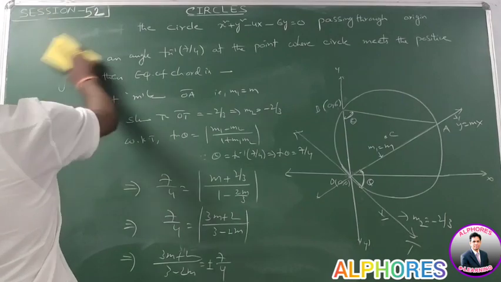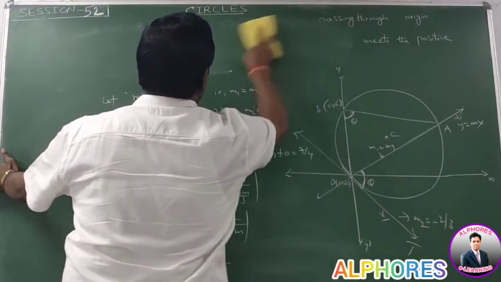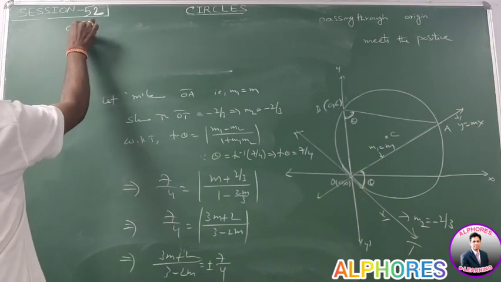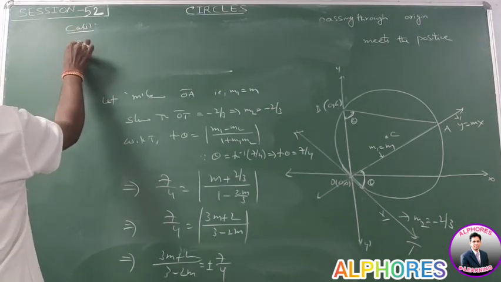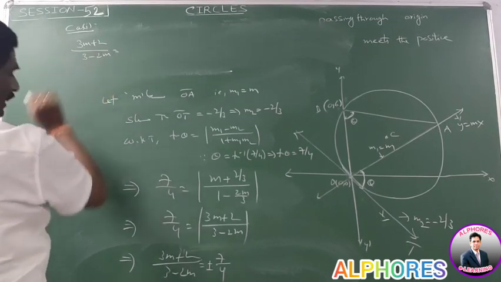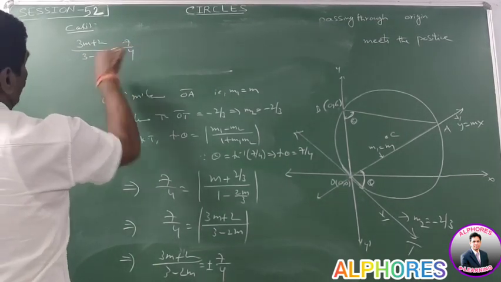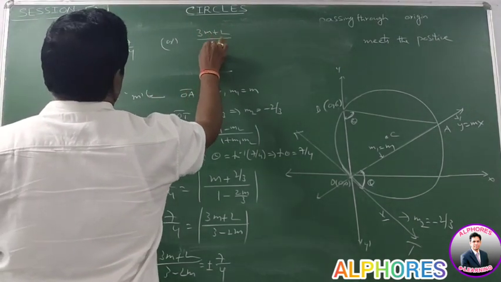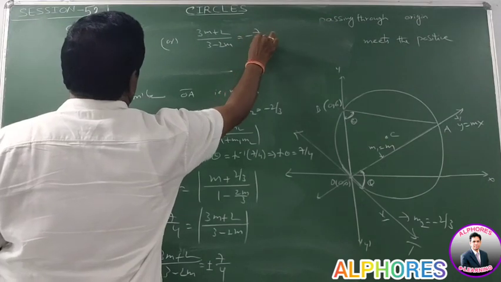In this case, we get two cases. First case is the plus value. Case 1: (3m plus 2) by (3 minus 2m) is equal to 7 by 4. Or second case, (3m plus 2) by (3 minus 2m) is equal to minus 7 by 4.